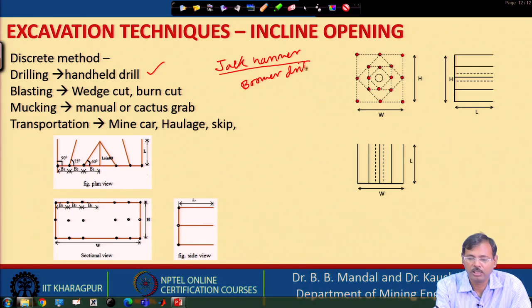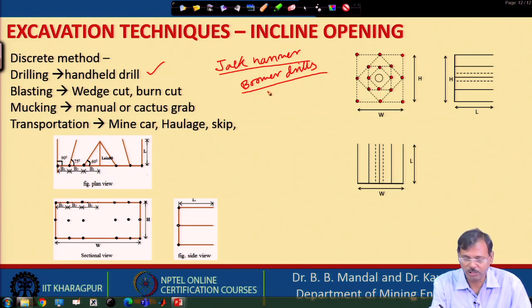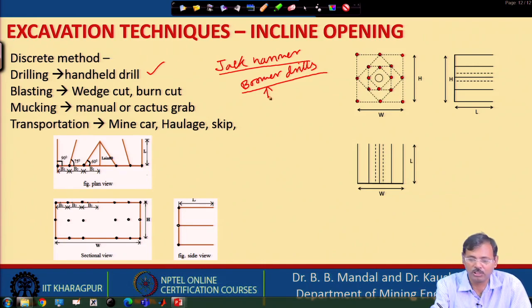In fact, we will discuss this type of drills, which are basically possible by using the hoisting system. This can be lifted out after the drilling. So, this type of drills are also used in drilling in incline shafts. So, these are the drilling machines used.